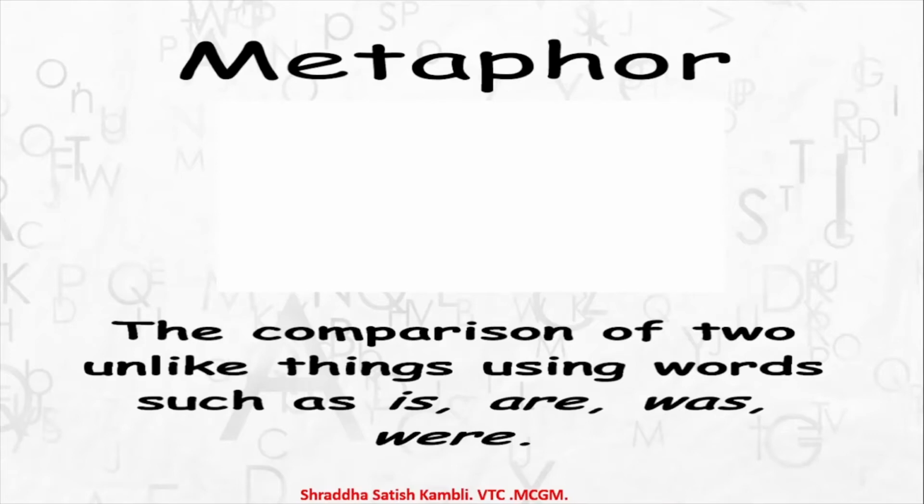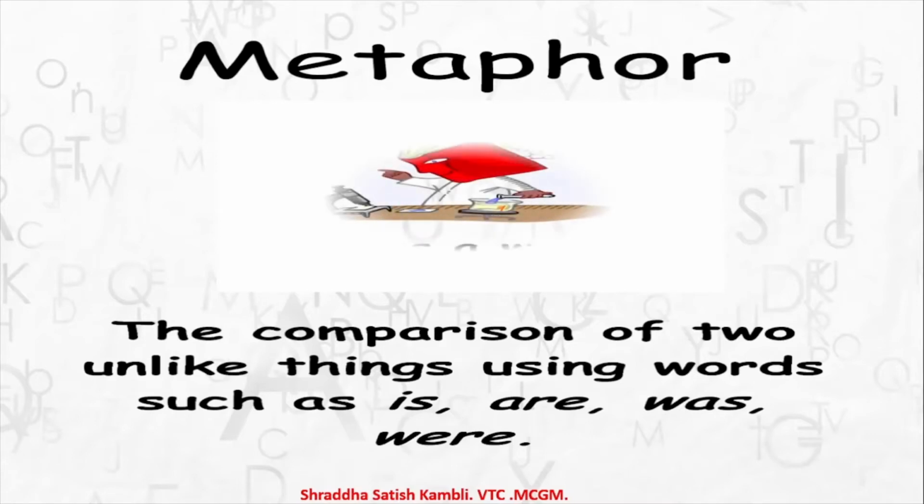Simile was comparison using the words as and like, and metaphor is the comparison of two things which are not at all similar, unlike things, two very different things, using words such as is, are, was, were. So when you compare two things which are not at all the same, which do not have any common qualities, but you use the words is, are, was and were to compare them, then it is called a metaphor.